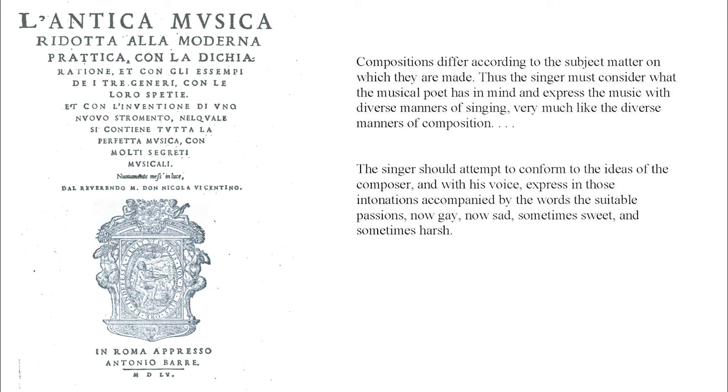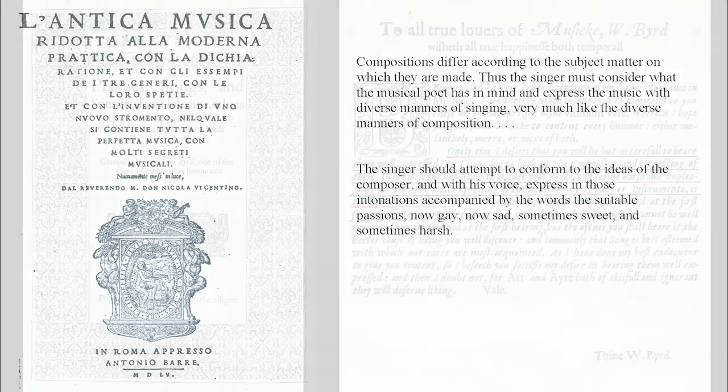The singer should attempt to conform to the ideas of the composer, and with his voice, express in those intonations, accompanied by the words, the suitable passions, now gay, now sad, sometimes sweet, and sometimes harsh.